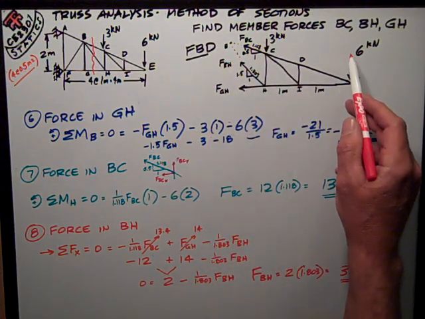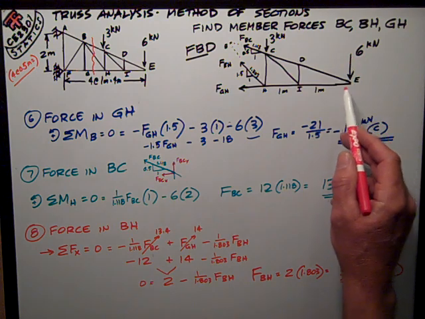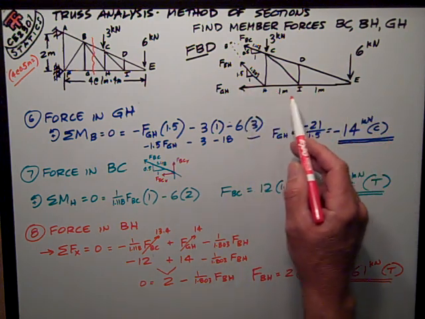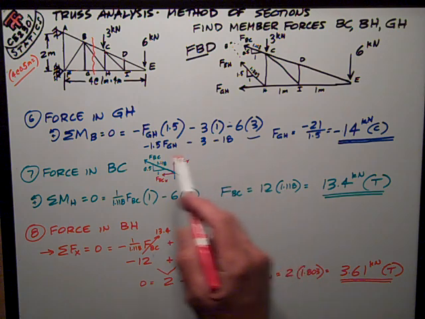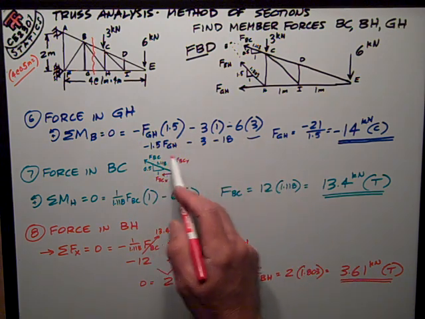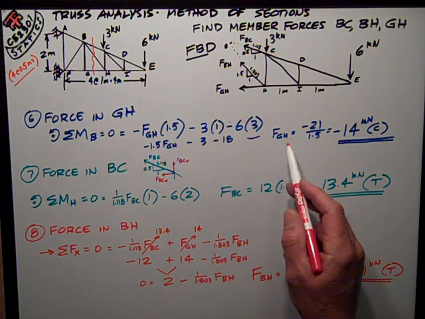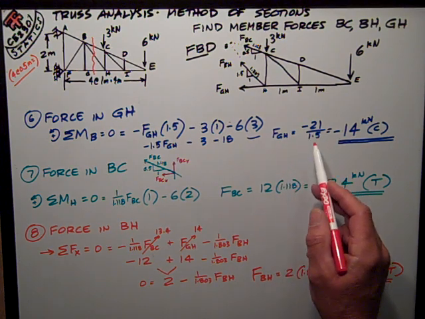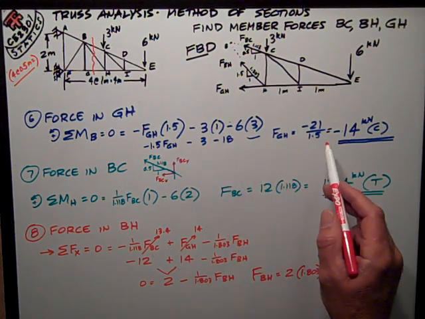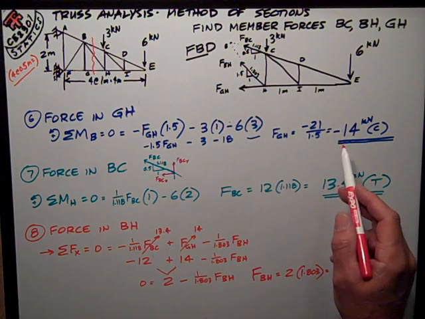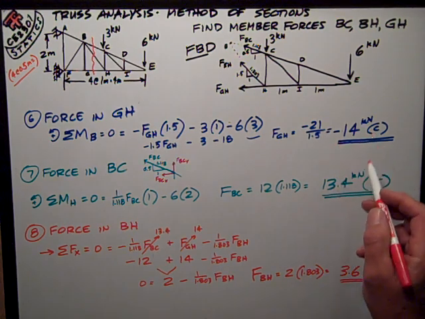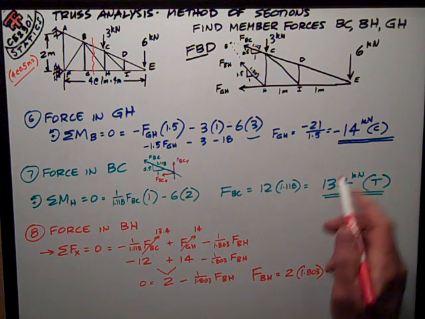And also negative is my 6 kilonewtons out here times 3 meters, trying to rotate clockwise. Just do the math. I get FGH is equal to negative 21 divided by 1.5, so that's equal to negative 14 kilonewtons, so that makes it compression.